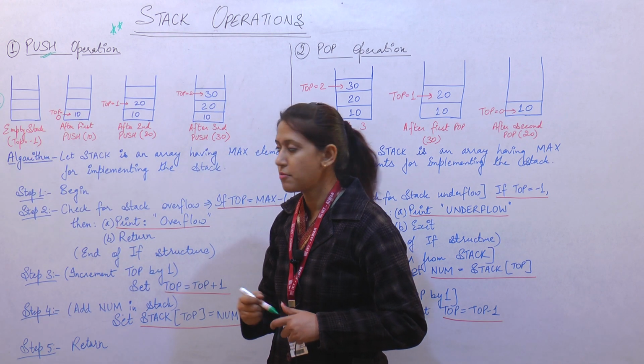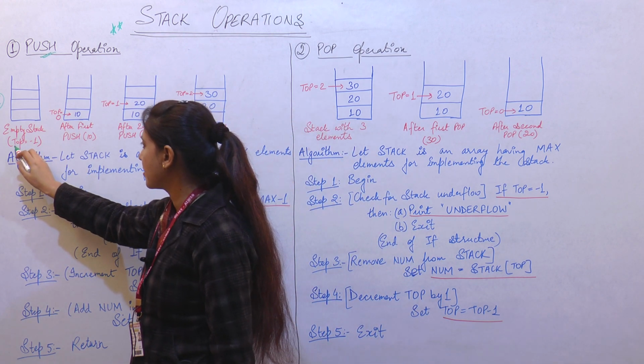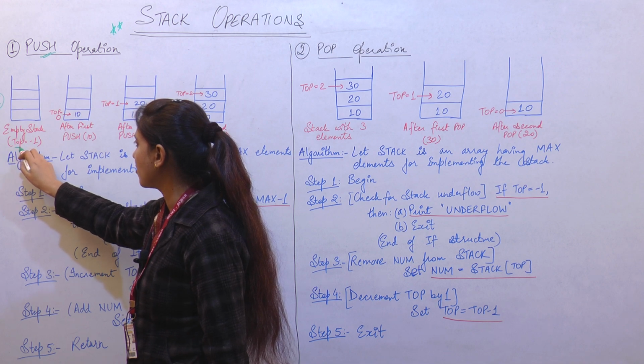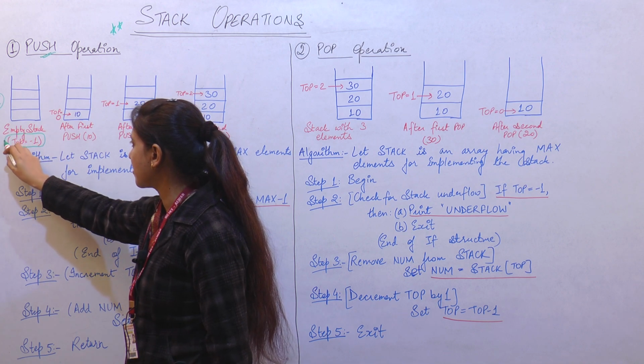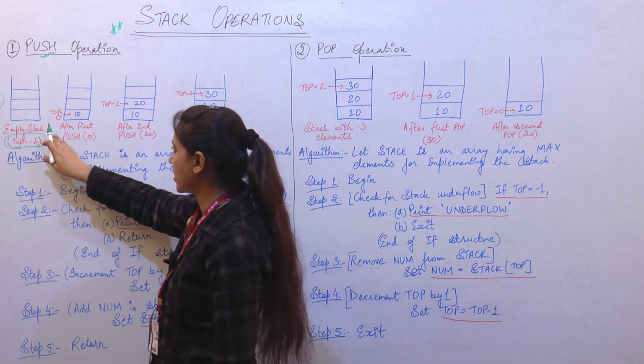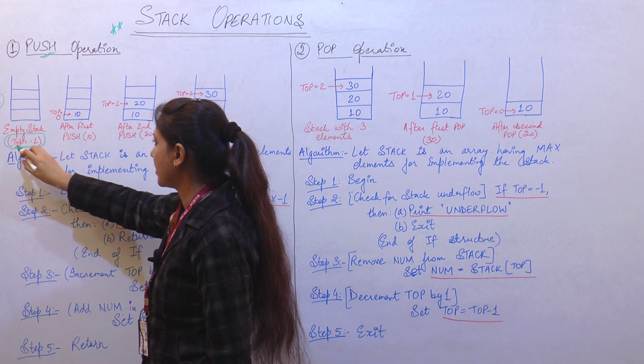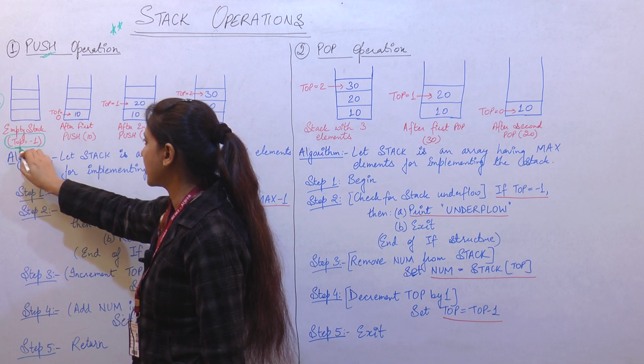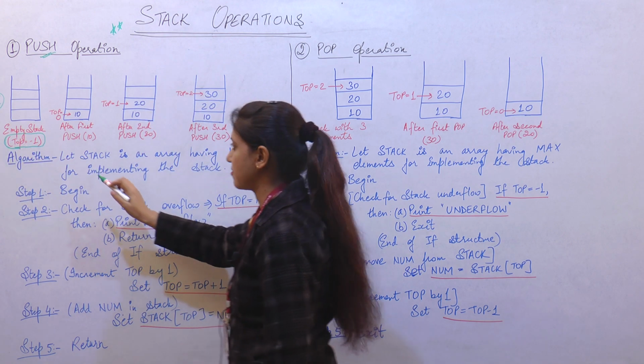We discussed in our previous lecture that when we get the value of top equals -1, that means our stack is empty. That's why we have shown here an empty stack, and the empty stack contains the value of top equals -1.